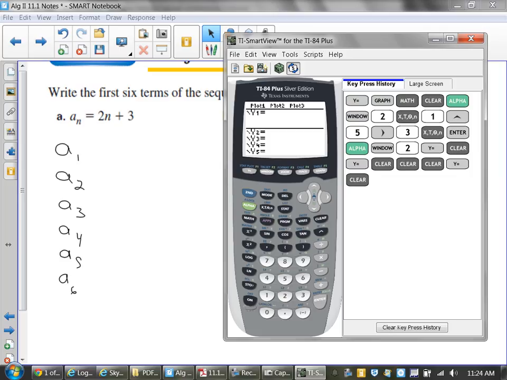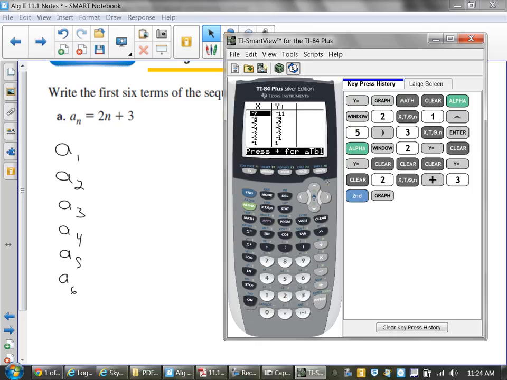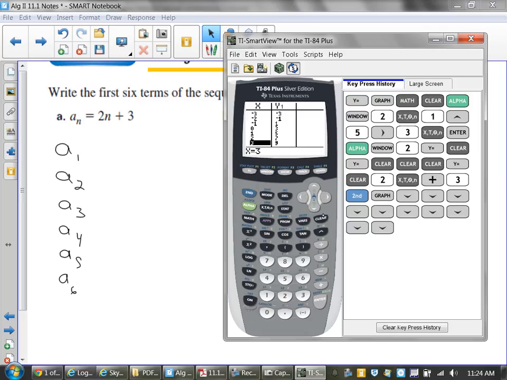Isn't this the same idea? x is 1, x is 2, x is 3. Obviously, some of these values we don't need to worry about. You should be able to do this on your own. So, first term is 5, second one is 7, third one is 9, fourth one is 11, and so on and so forth.